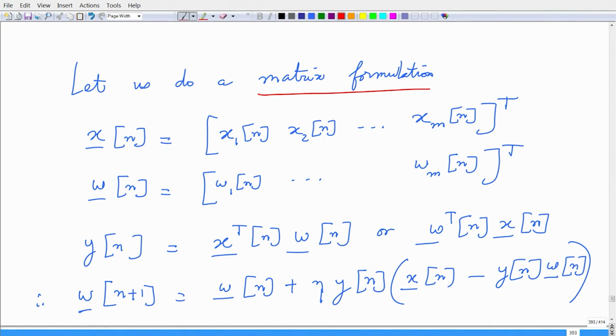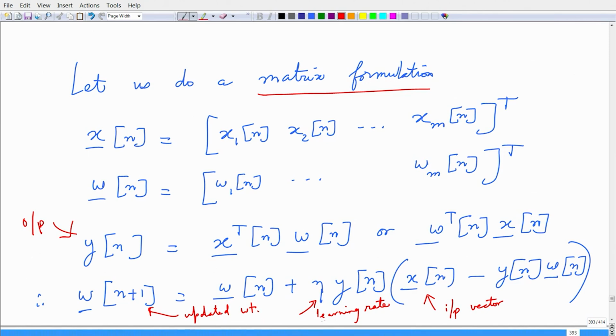Now, w n plus 1, the weight vector at n plus 1, is basically the weight vector at time step n plus eta times y of n. So, y is my output, just to recall, eta is my learning rate, and I assume that the learning rate is constant, but in general it can vary as a function of the time step. x of n is my input vector and w of n plus 1 is my updated weight vector.